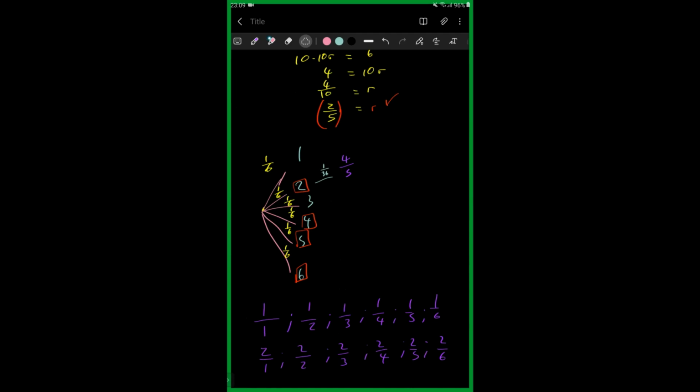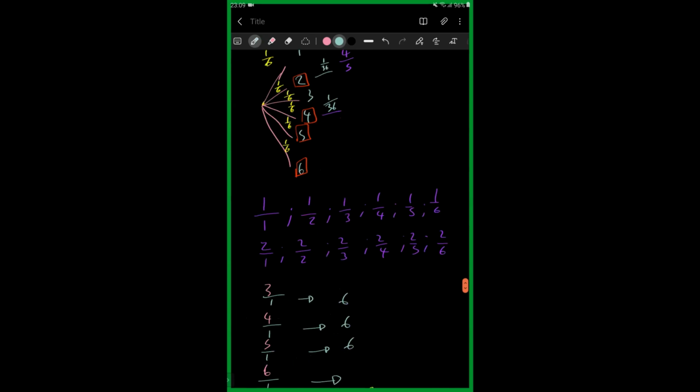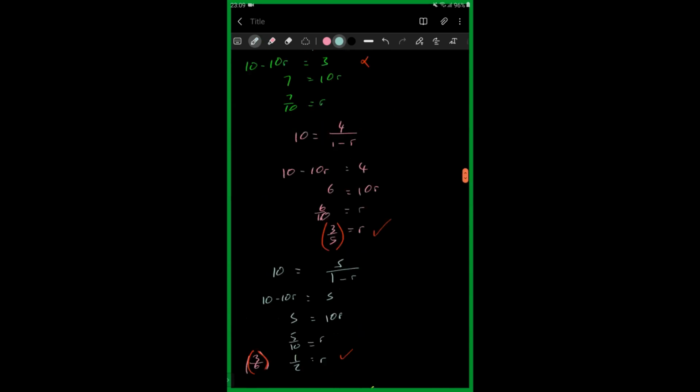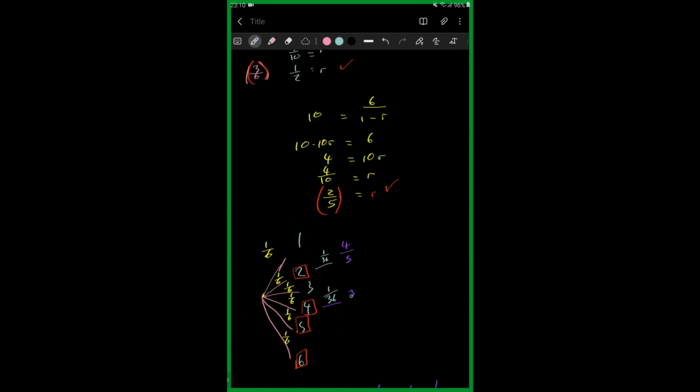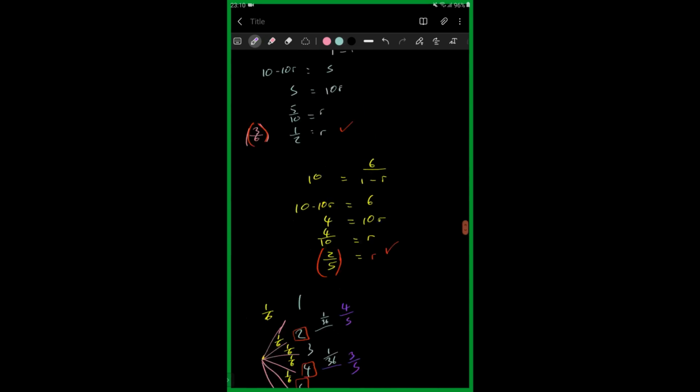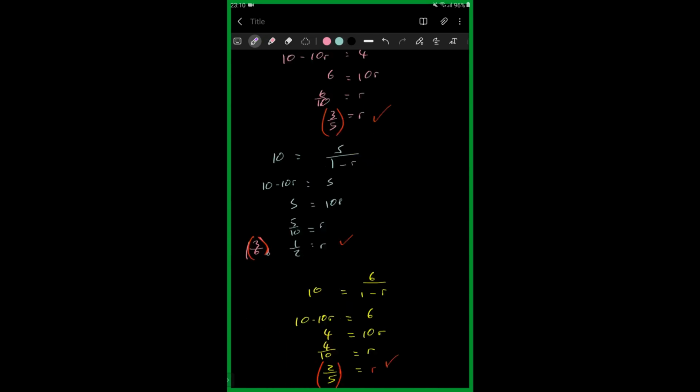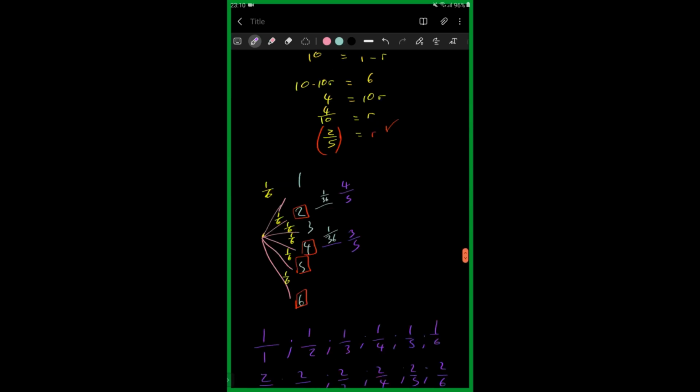Now, for the 4, there's also a 1 out of 36 chance that we get 3 over 5. And then for the 5, there's also a 1 out of 36 chance that we get 3 over 36.